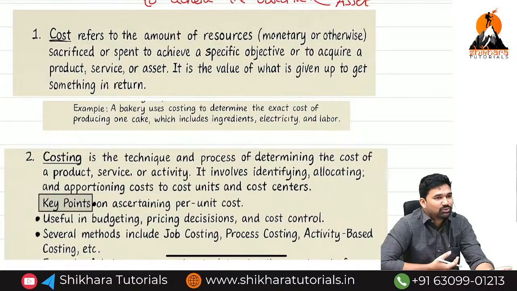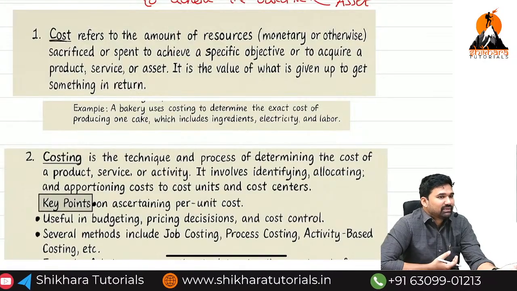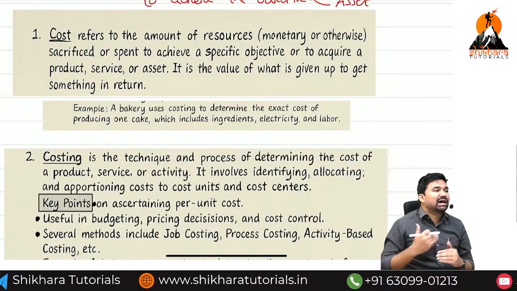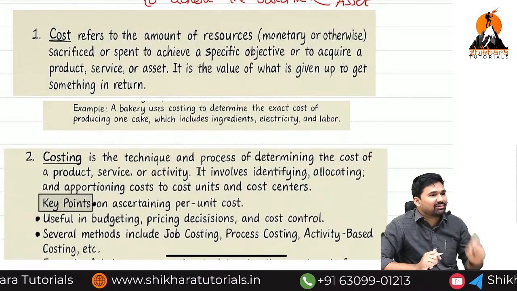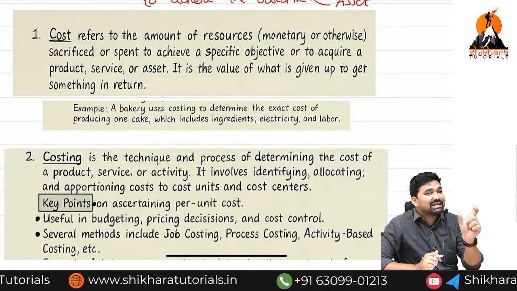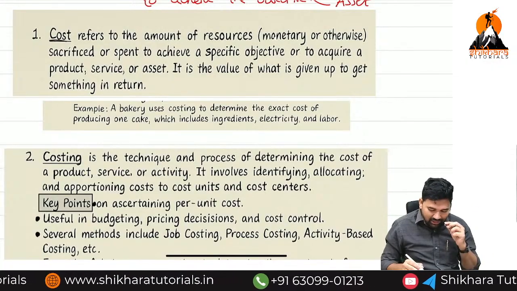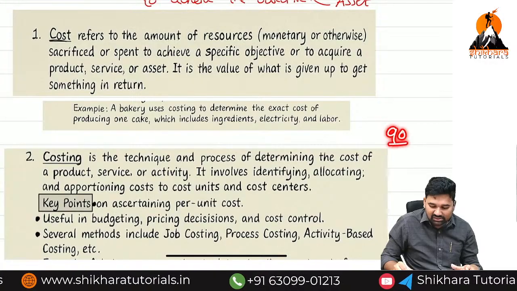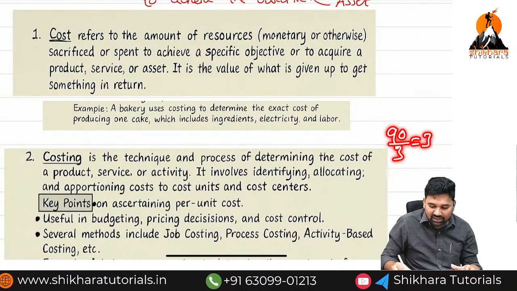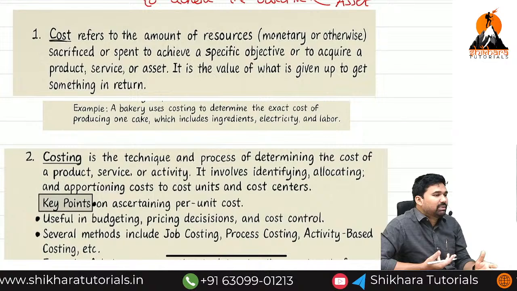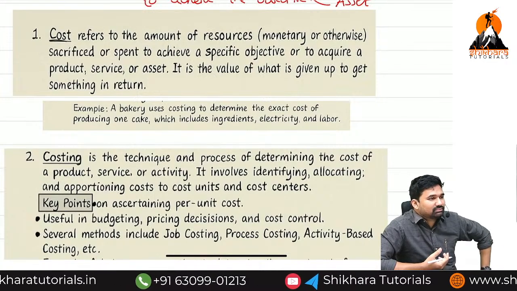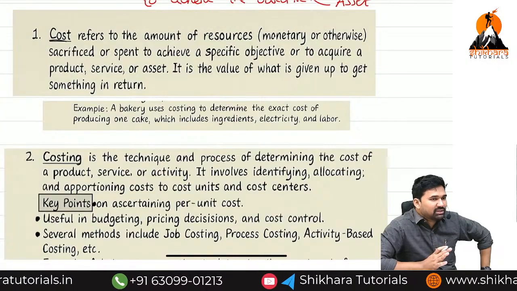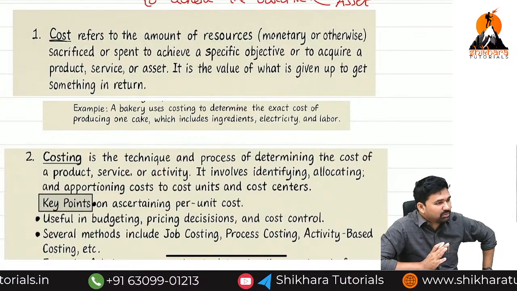What will you do? 30 per head. How has 30 per head been arrived at? You have apportioned the cost, shared the cost. 90 rupees for three persons means 90 by 3, which is 30 per head. That is nothing but apportionment.